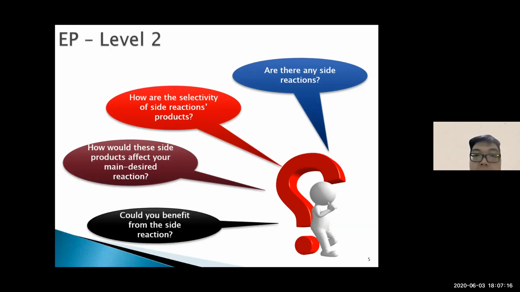And lastly, could you benefit from all of this side reaction? Maybe you want to produce something else. These are some of the questions that you can ask yourself in EP level 2.